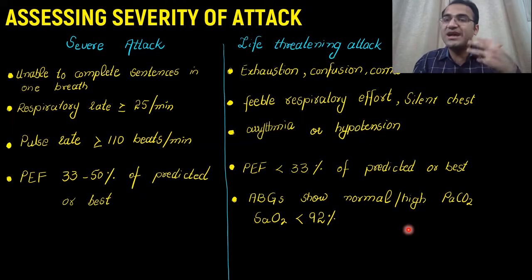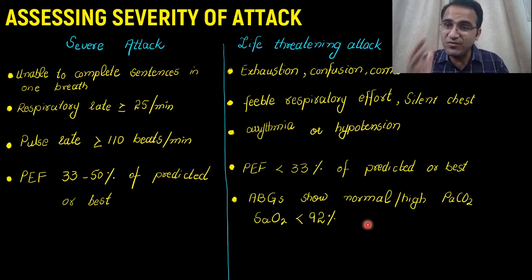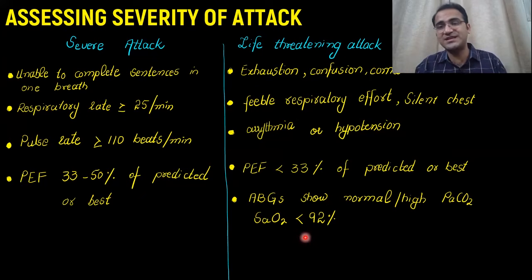Because after some time these patients develop respiratory fatigue, their muscles get fatigued and their respiratory effort slows down, and carbon dioxide retention takes place. That retention first presents as normal PaCO2, later as high PaCO2, which is alarming that the patient is developing a severe life-threatening attack. SaO2, the saturation of oxygen, will be less than 92%. So these are all the signs that the patient is having a life-threatening attack.